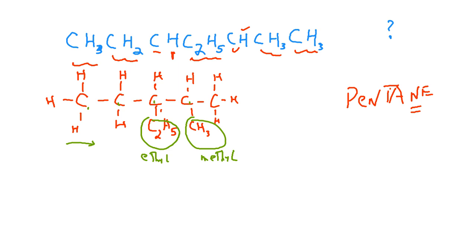But if we count right to left, what do we get? We get a 3 ethyl, 2 methyl. So we're going to count right to left. I think that makes more sense. So we have a 3 ethyl. That gives a lower number. 3 ethyl, 2 methyl.